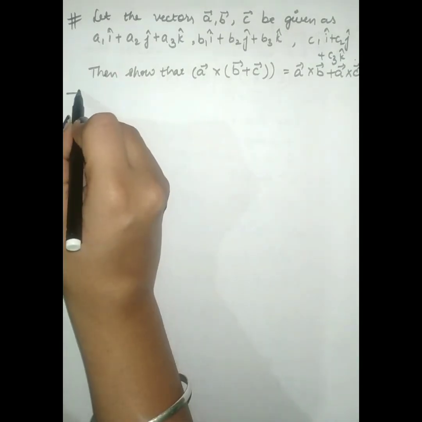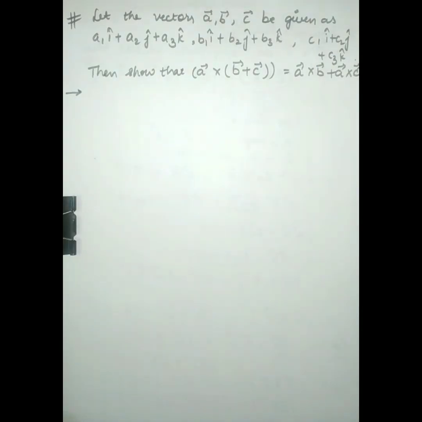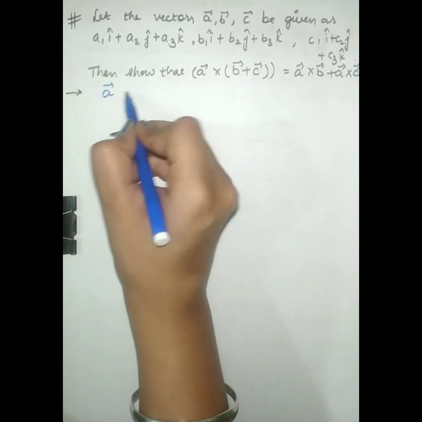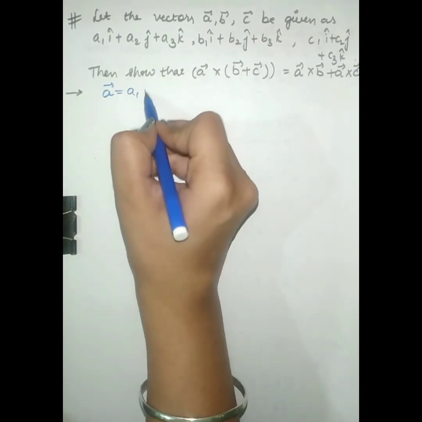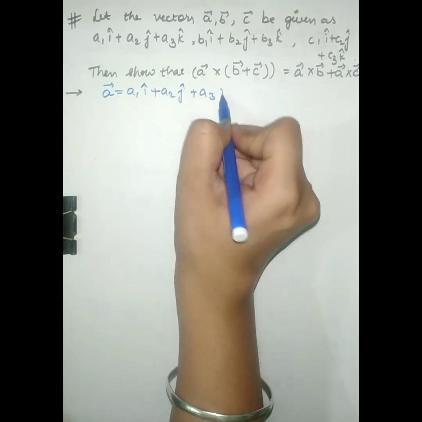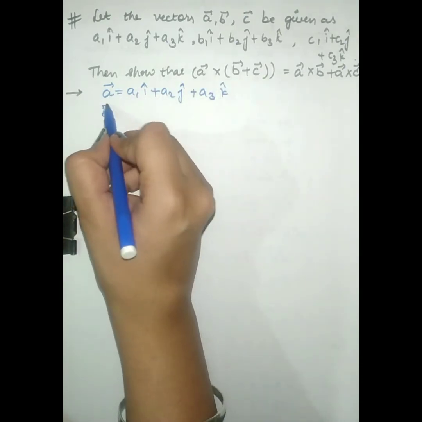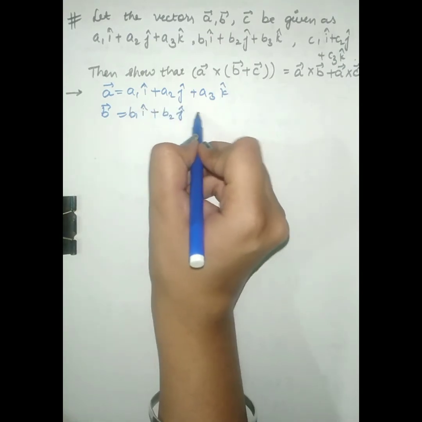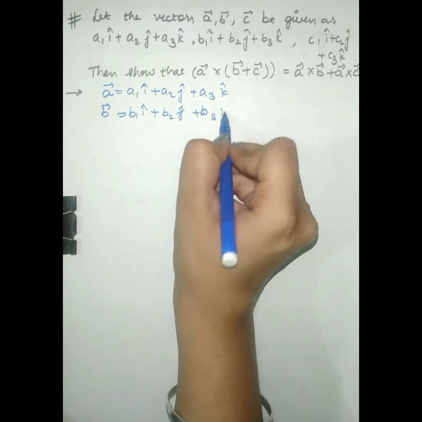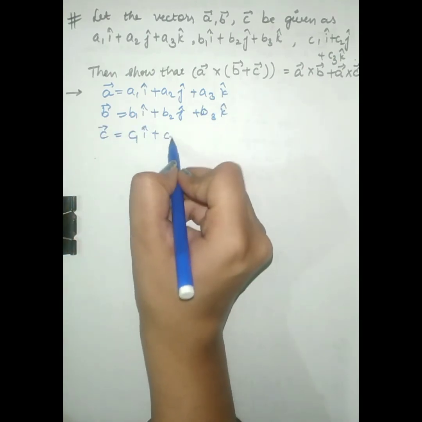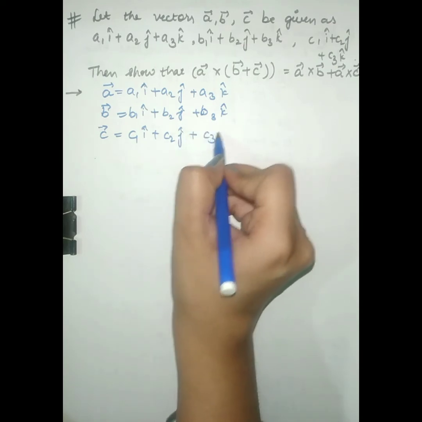Now let us prove this article. In this article, A vector, B vector and C vector are given, where A vector is equal to A1 I cap plus A2 j cap plus A3 k cap, B vector is equal to B1 I cap plus B2 j cap plus B3 k cap, and C vector is equal to C1 I cap plus C2 j cap plus C3 k cap.